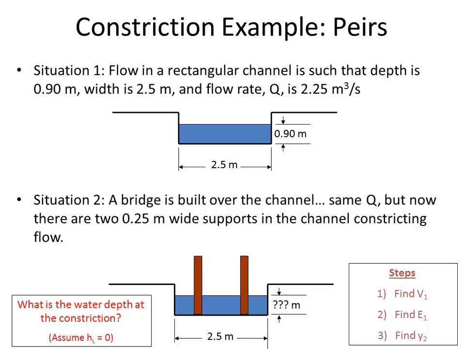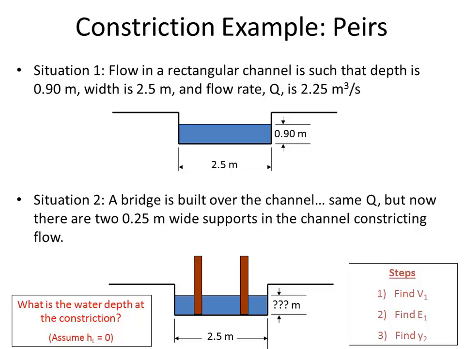The critical depth formula, we saw that in the quiz today. For a rectangular channel, let's find the critical depth here. It'll allow us to know whether the flow at 1 is supercritical or subcritical.